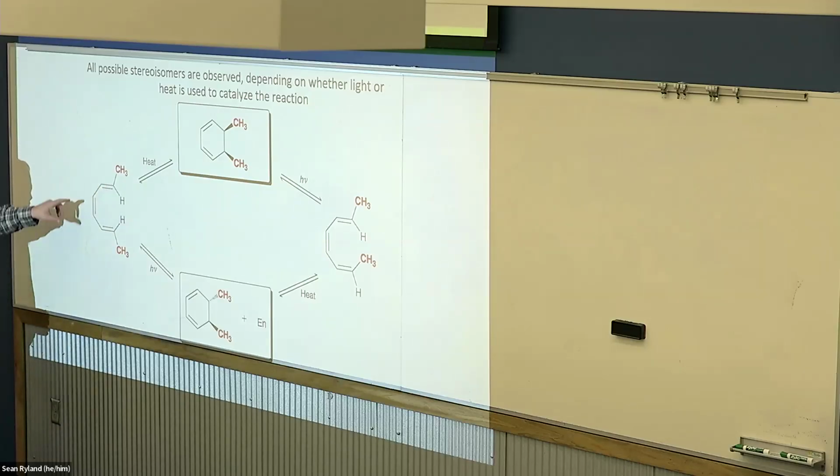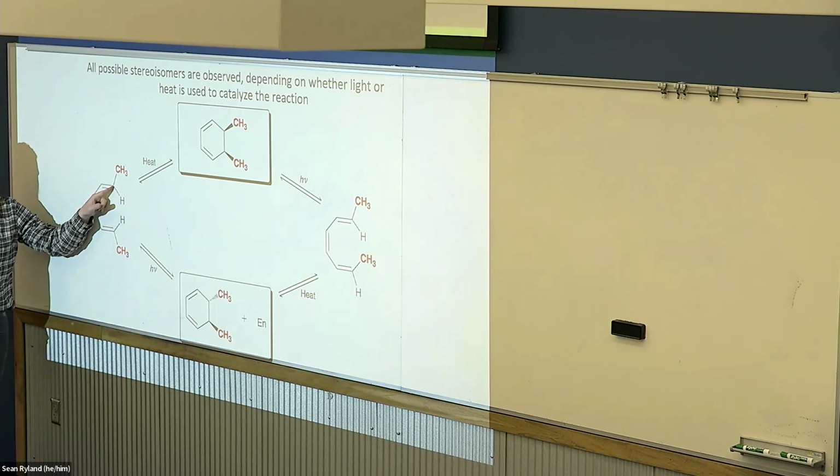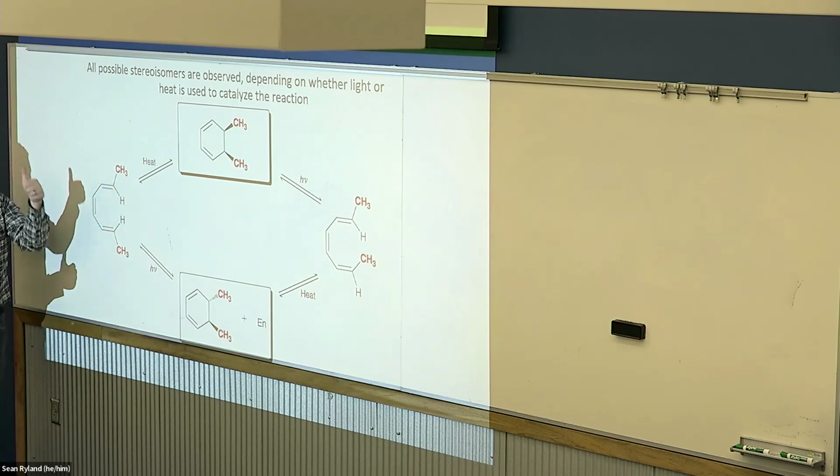But basically what's happening is these pi bond orbitals, just like we saw with the Diels-Alder, we need these pi orbitals to overlap to make a new sigma bond. And that means it's going to drag these methyls with it, because these pi bonds are parallel to each other initially, right? My thumbs are the pi bonds.